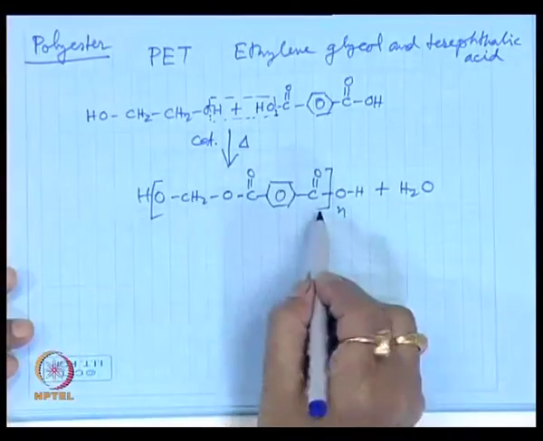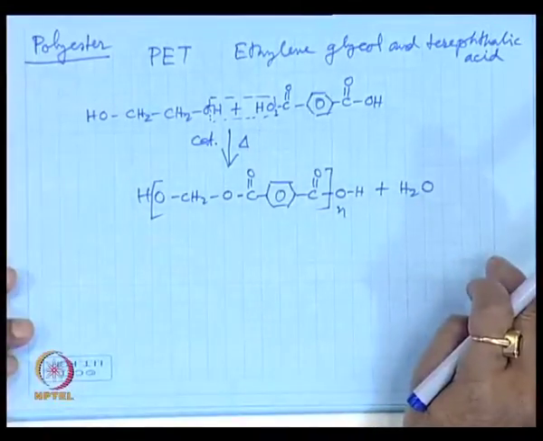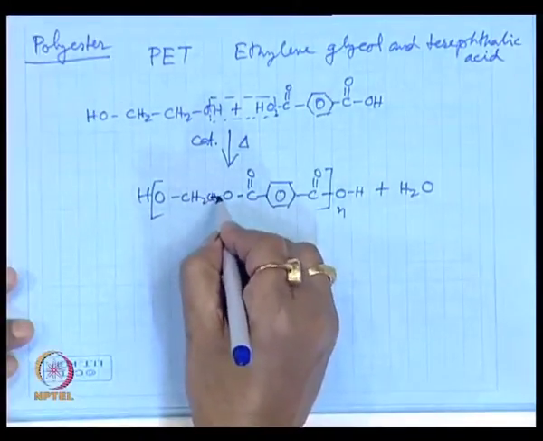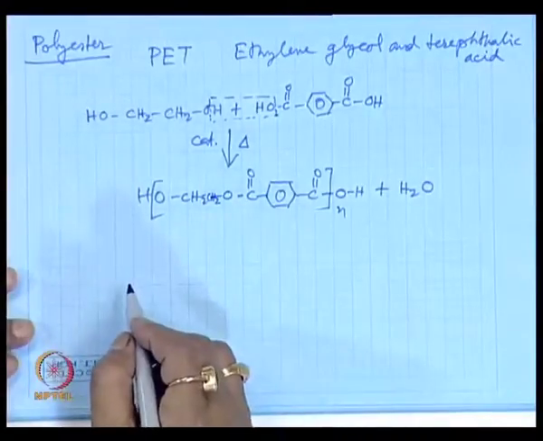this unit is repeated along the backbone chain. One more CH2 will be there.